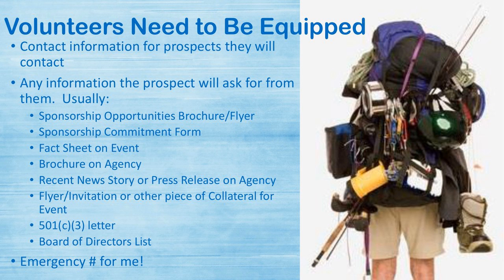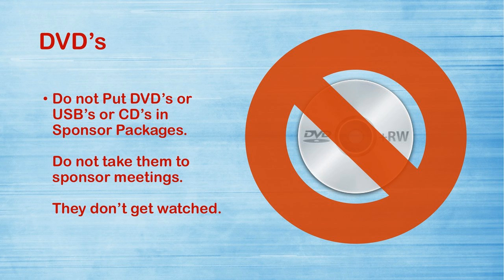One of the things that I almost always make sure that people have is an emergency number for me. That way they know how they can always get in touch with me, and that makes everybody feel peace of mind and safe and secure. And once they have that, they're good to go.